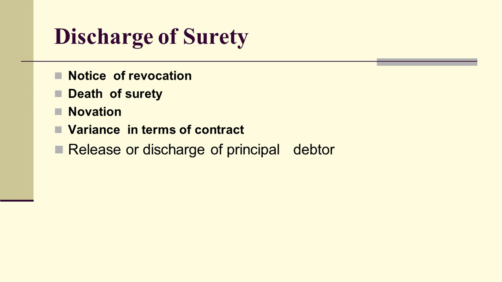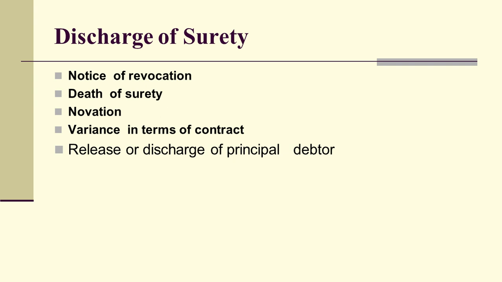Variance in the terms of contract. If the principal debtor or creditor varies the terms or conditions of the contract, or any term is varied from the contract, the surety becomes discharged from the contract. Or release or discharge of principal debtor.